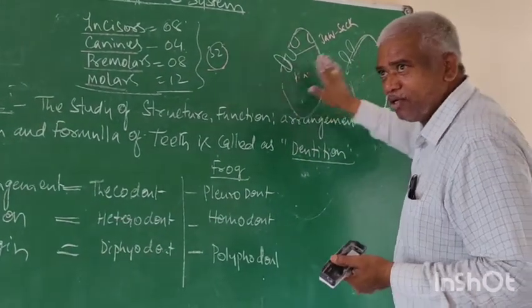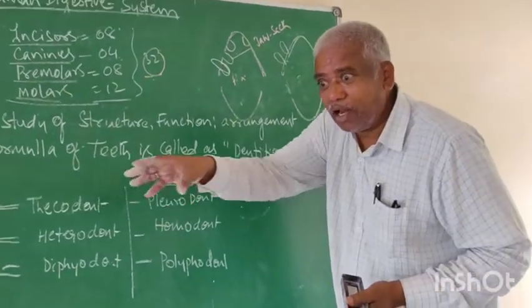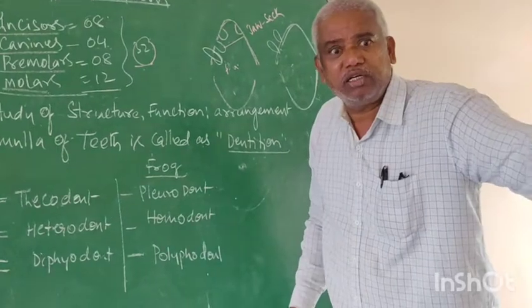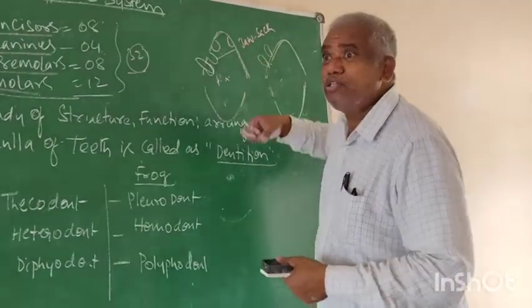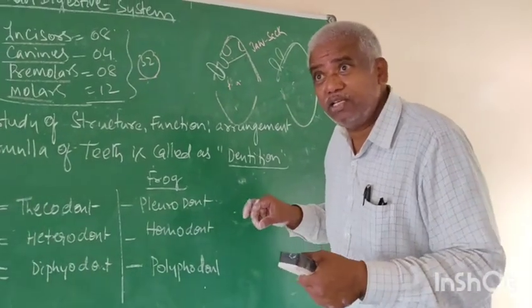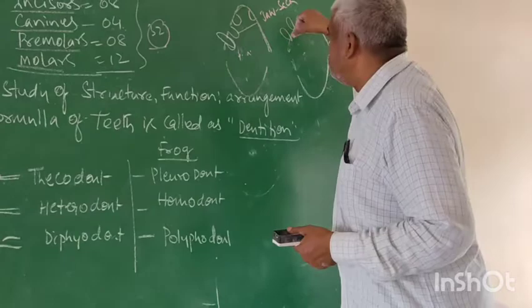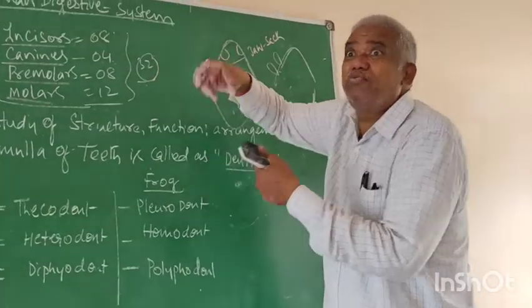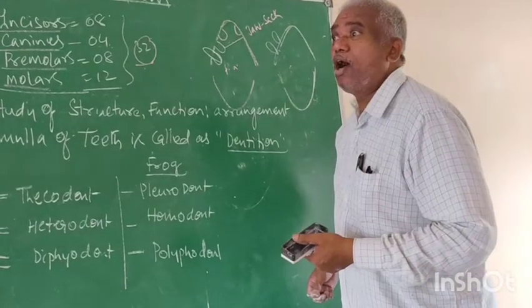In man and in frog, teeth are arranged on the jaws, like boys arranged on a desk. But this arrangement is different. In man it is fixing; here it is superficial attachment. Just it is attaching.